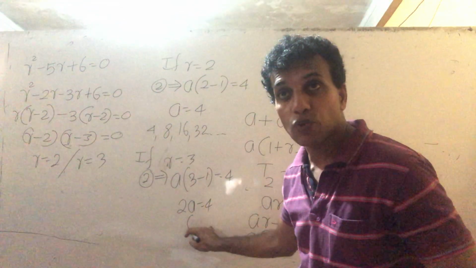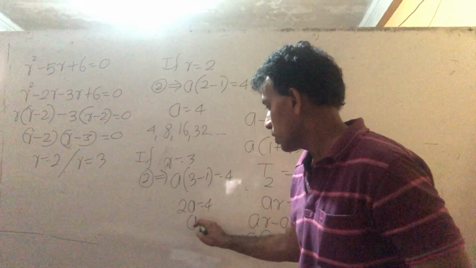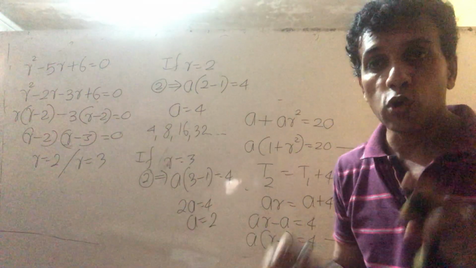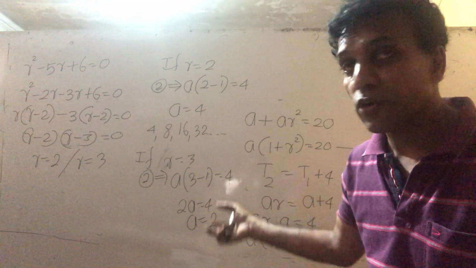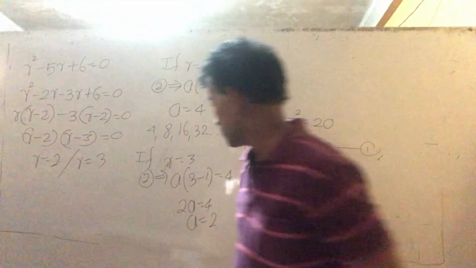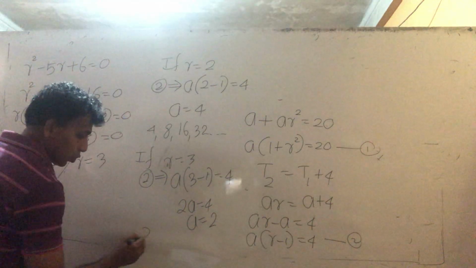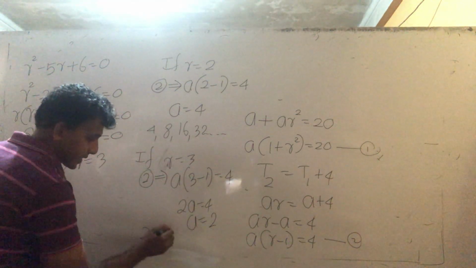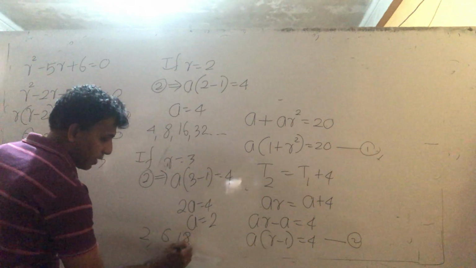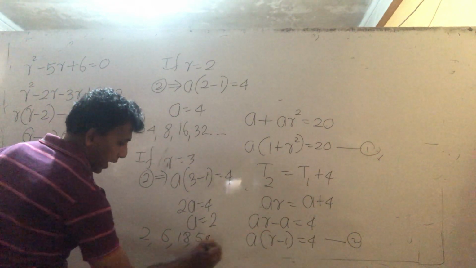So no doubt a is 2. A equals 2. So you know the first term, you know the common ratio, then write that series. Therefore 2, multiply by 3, 6, multiply by 3, 18, multiply by 3, 54, and so on.